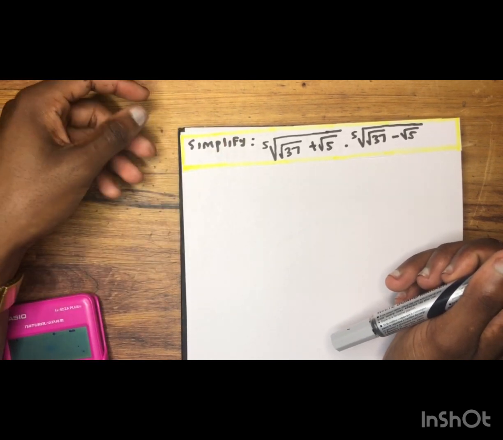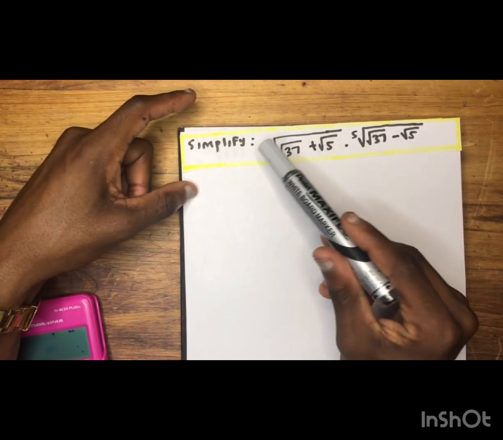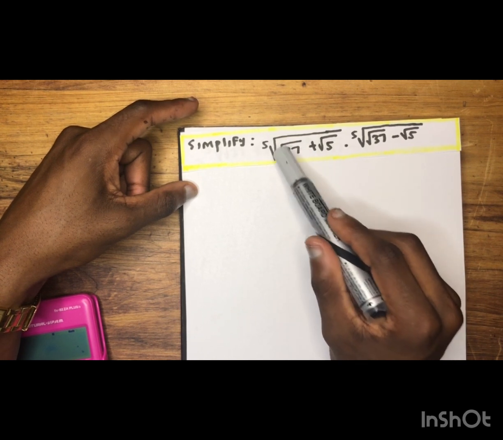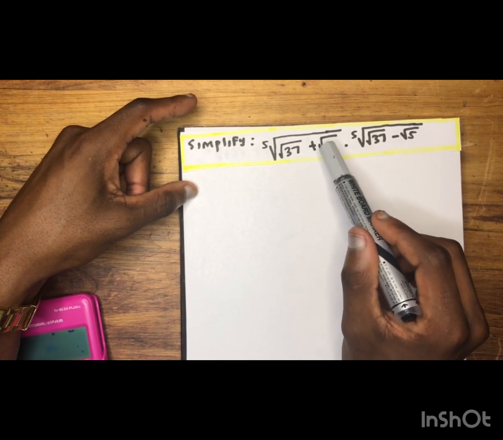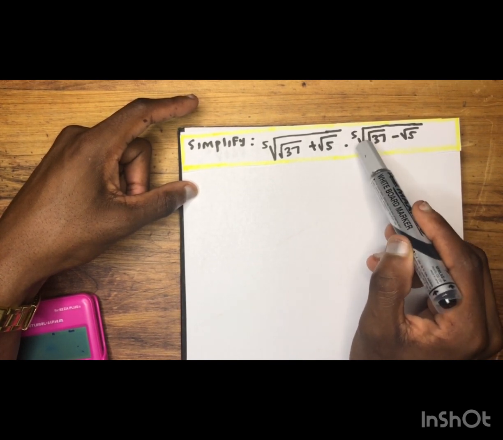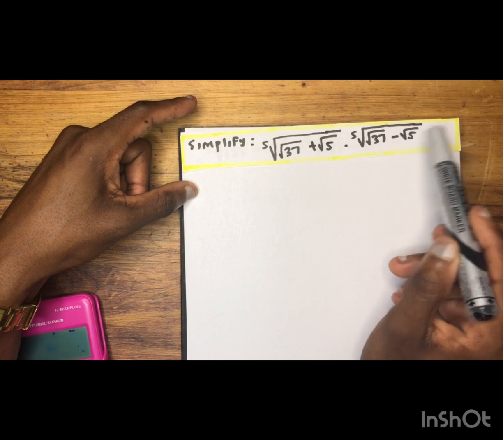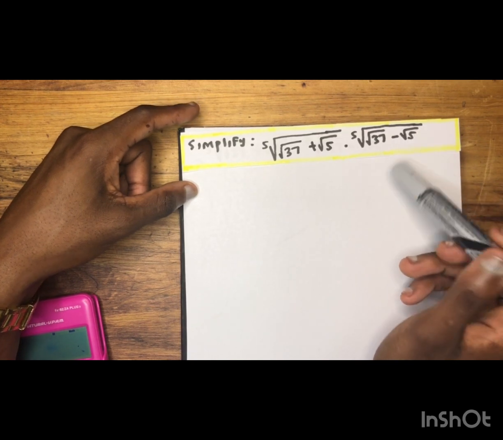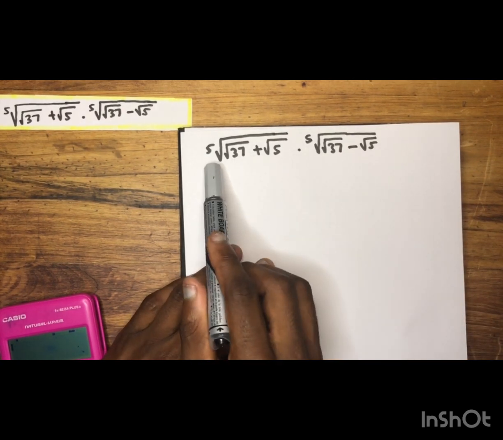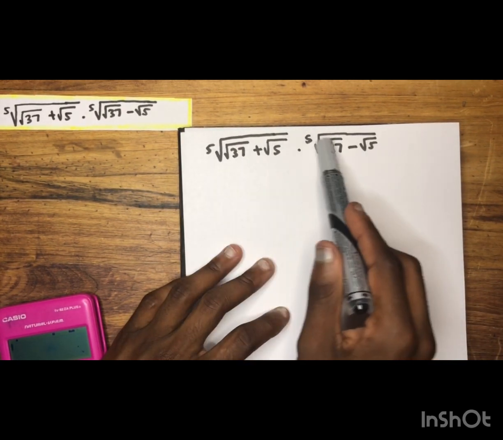So let's look at this question. This question says simplify. We are given fifth root of (root 37 plus root 5) times fifth root again of (root 37 minus root 5). So guys, here I can see that the roots are the same.